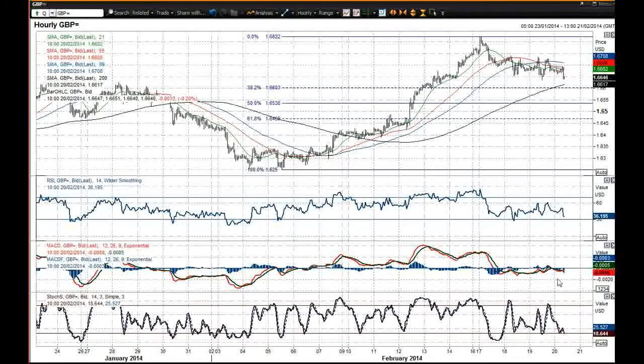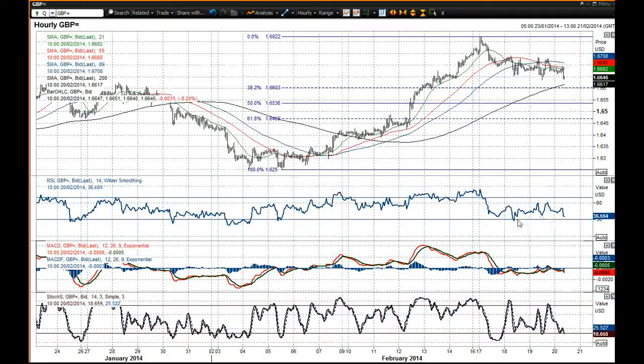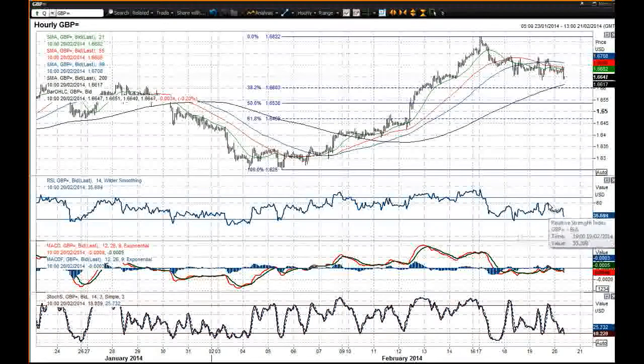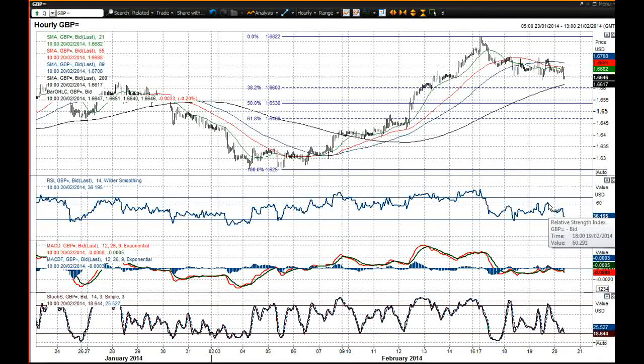The slightly weak configuration on those MACD lines, camping below that neutral line. The RSI is camping below the 60 level, so that would once again suggest a fairly corrective outlook, I would say, on that indicator.